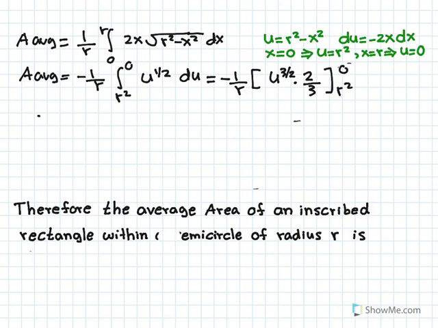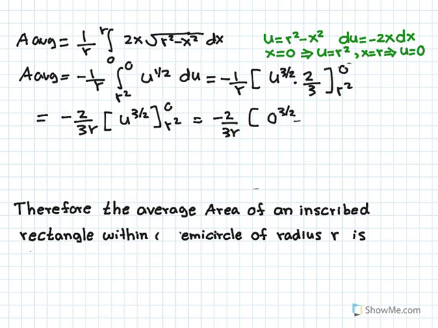All right, let's simplify this. We get minus 2 over 3r times u to the 3/2 evaluated from r squared to 0. This gives us, applying the fundamental theorem of calculus, we put the upper limit in and the lower limit in: minus 2 over 3r times 0 to the 3/2 minus r squared to the power of 3/2.